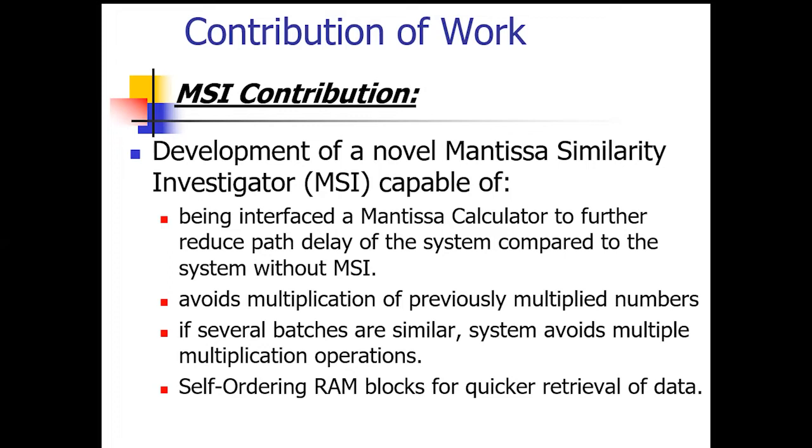The memory storage element inside the MSI unit was prepared to be self-ordering. It means that when we enter new data, it reorders itself in such a way that there could be quicker retrieval of data.